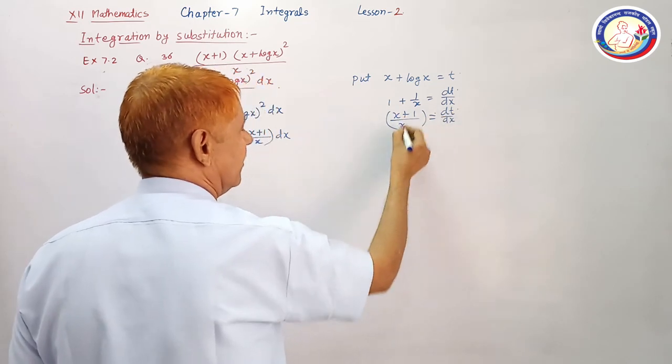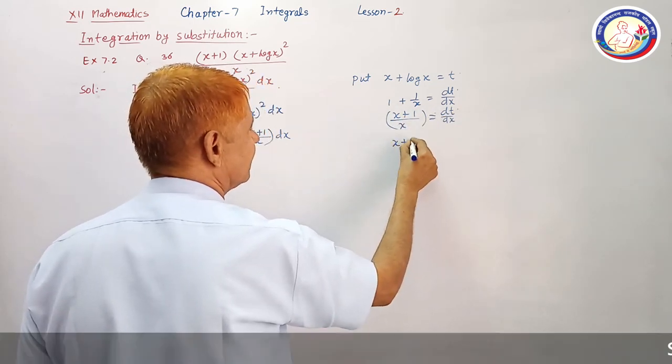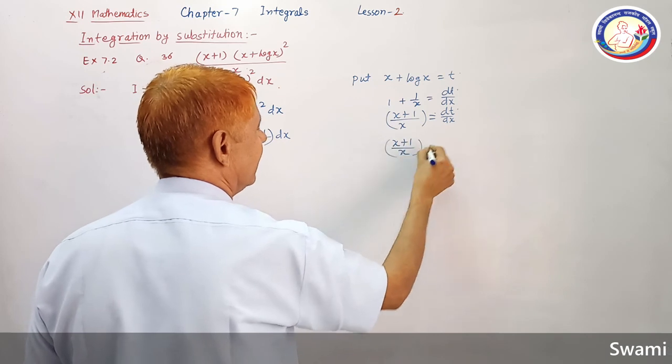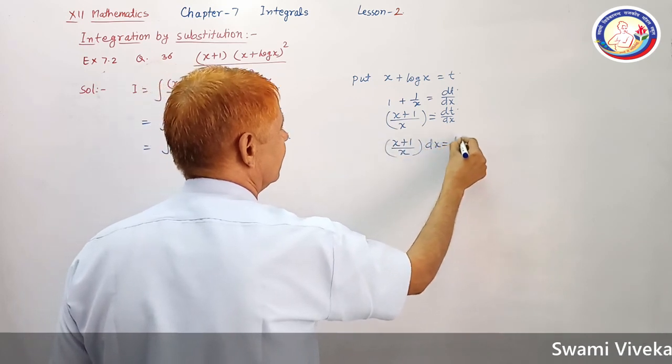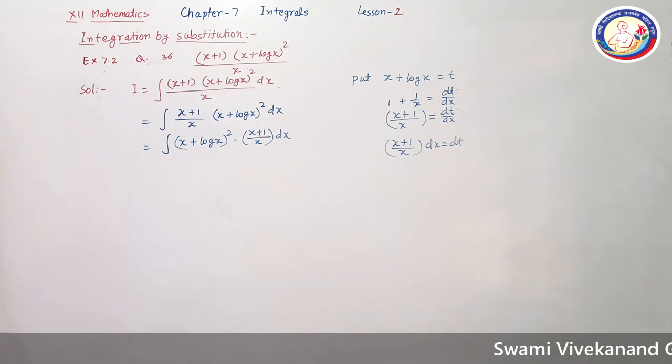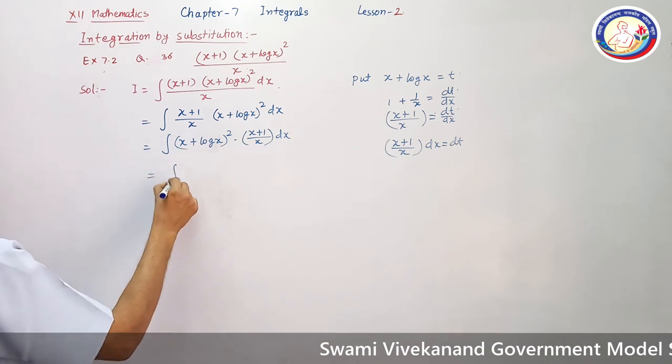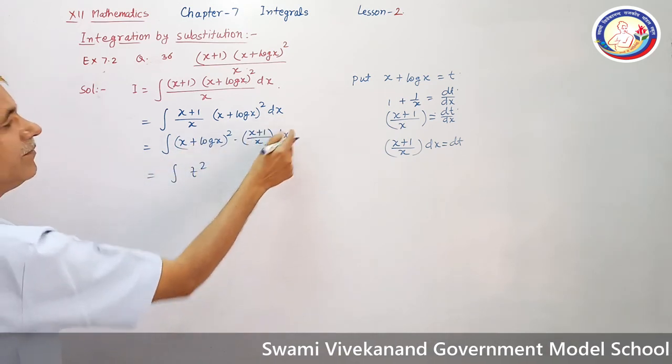So it can be written as x plus 1 upon x into dx equal to dt. So now it is ready for substitution. Put here t, this will be t square and this will be dt.